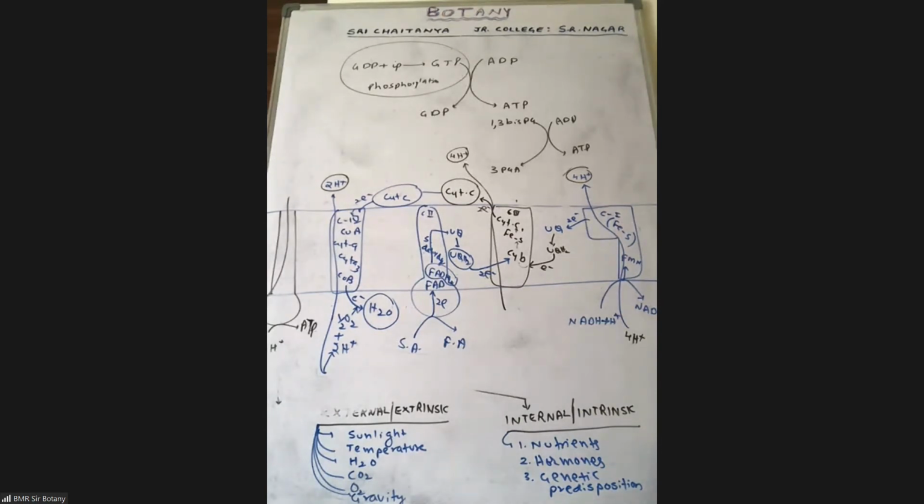Suppose if I say for 1 glucose, electron transport system is source of how many ATPs? For 1 glucose, ETS can form how many ATPs? By ETS, how many ATPs were you getting? Be careful.